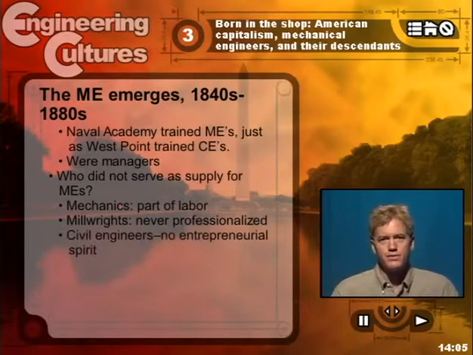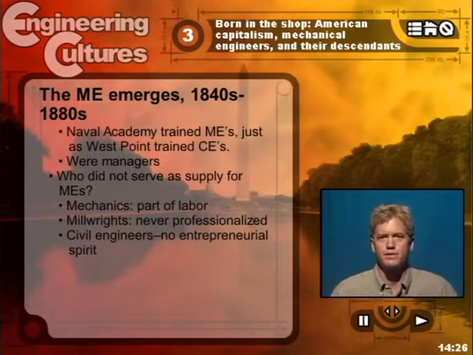Finally, the civil engineers. The civil engineers did not provide a supply source for mechanical engineers, in principle, and primarily because of the absence of an entrepreneurial spirit. Civil engineers were professionals working for the benefit of the whole, not for a particular company.